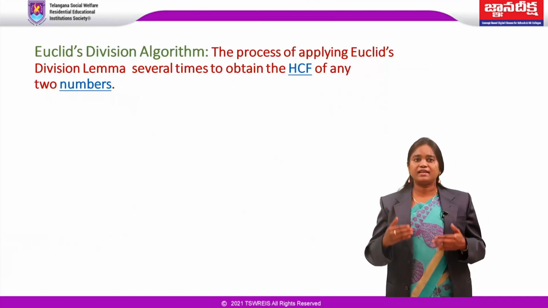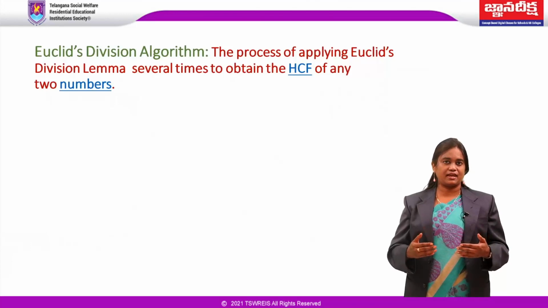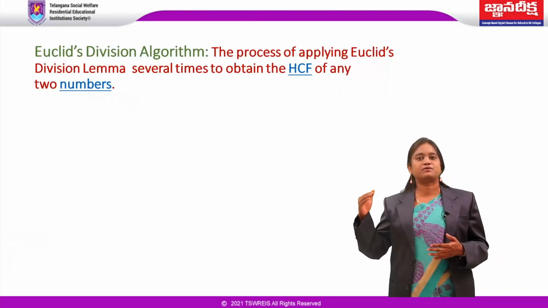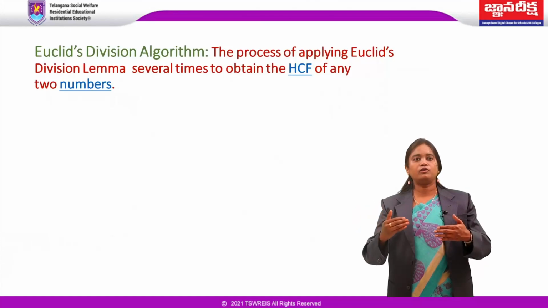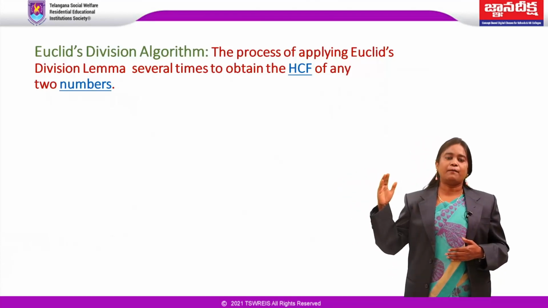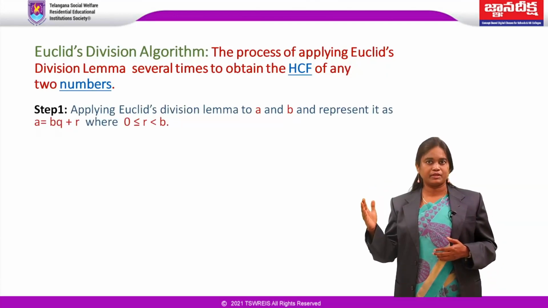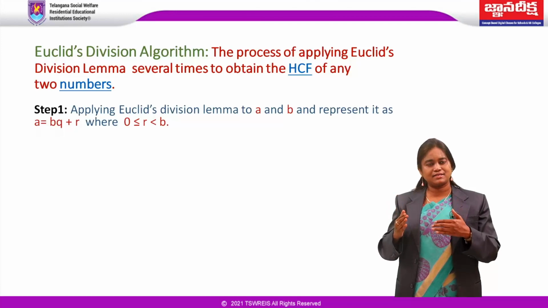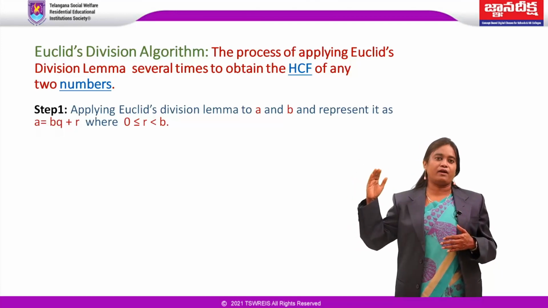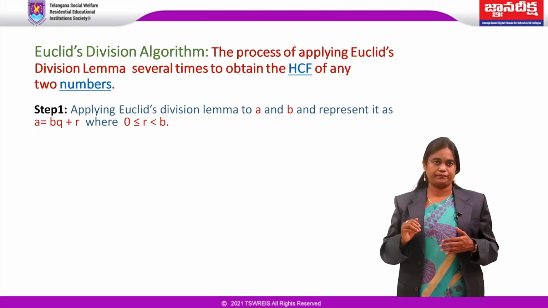To obtain the HCF of any two positive integers, say a and b, with a greater than b, follow the steps given. Step 1. Apply Euclid's division lemma to a and b and represent it as a = bq + r, where 0 ≤ r < b.